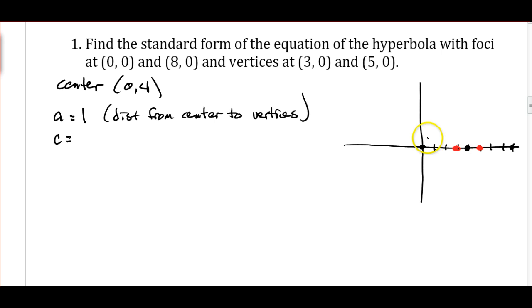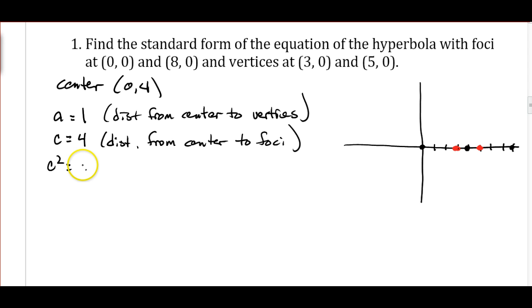So that's going to be 4. c is going to be 4. That's distance from center to foci. And from there I know c squared is equal to a squared plus b squared. So I've got 16 minus 1 is equal to b squared, which means that b is going to be the square root of 15.